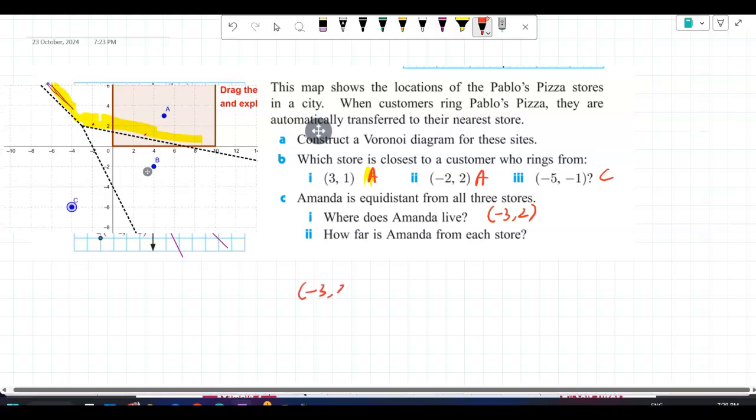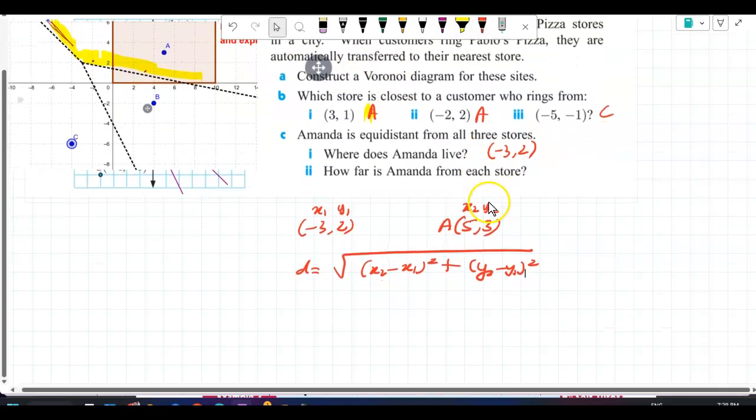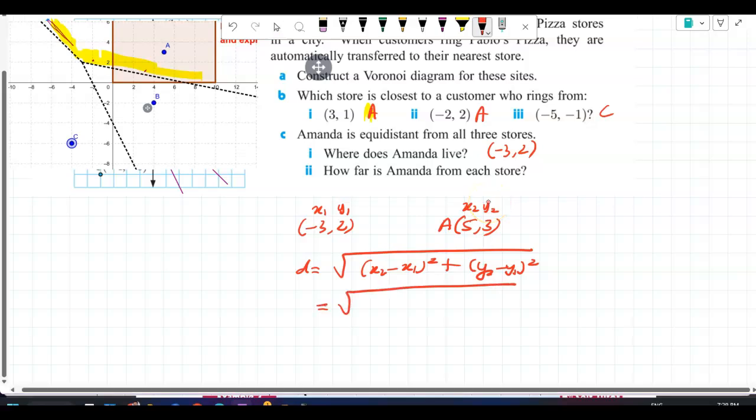So minus 3, 2 is there, and take any point. What is A we have? 5 and 3. You remember the distance formula? The root of x2 minus x1 the whole square plus y2 minus y1 the whole square. Substitute. Use your calculator. Tell me how much it is.